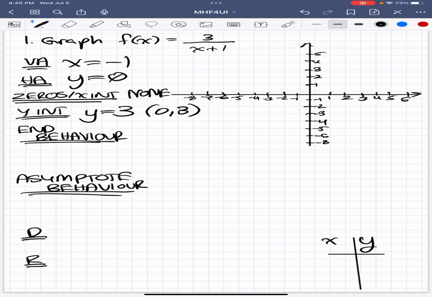Our y-intercept: when you plug in 0 into 3 over x plus 1, the y value is 3, so it's 0, 3. And we have enough information to graph this now.